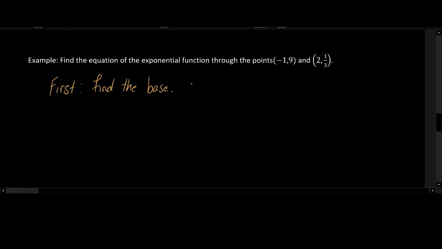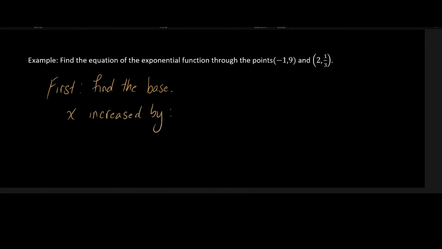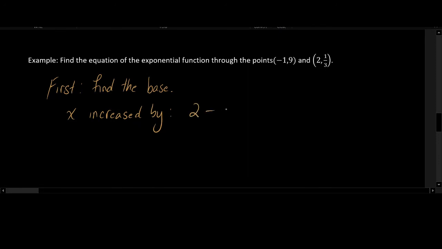We're going to start by looking at how much x has increased from one point to another. So x increased by, take the final x value of 2, remove the initial x value of -1, x increased by 3 units, going from -1 to +2.